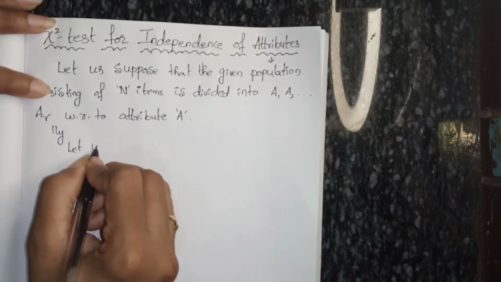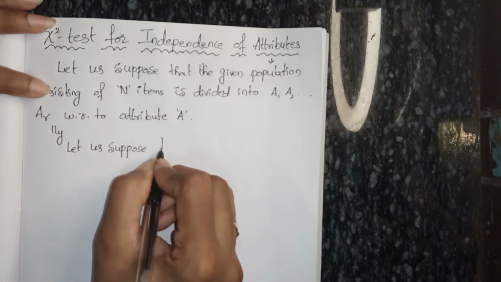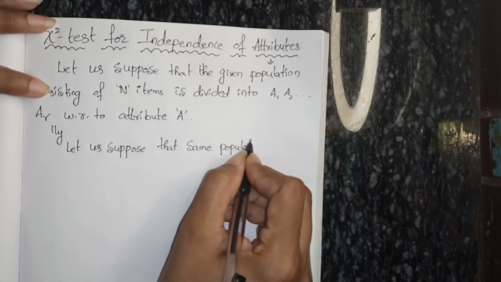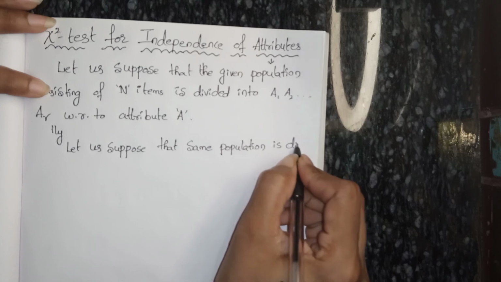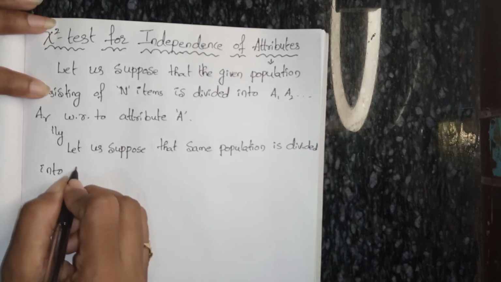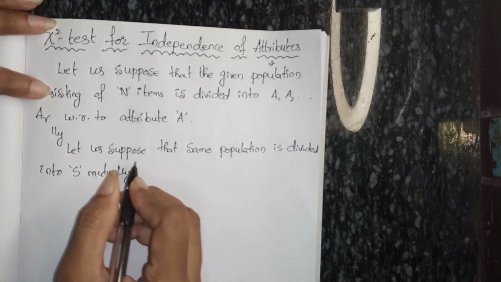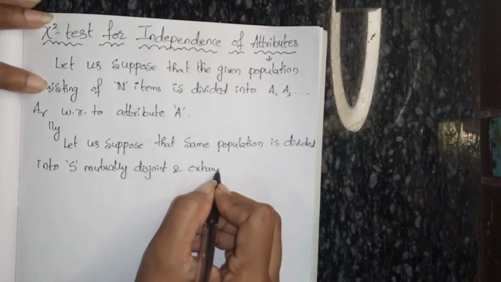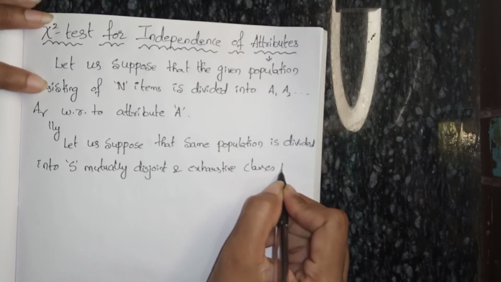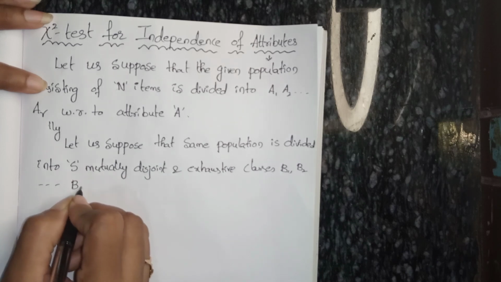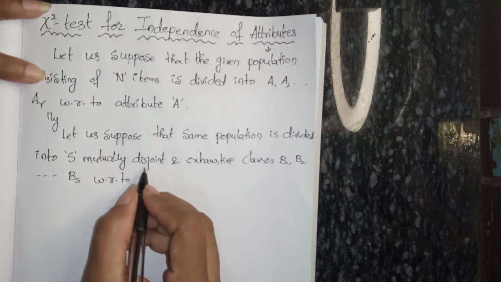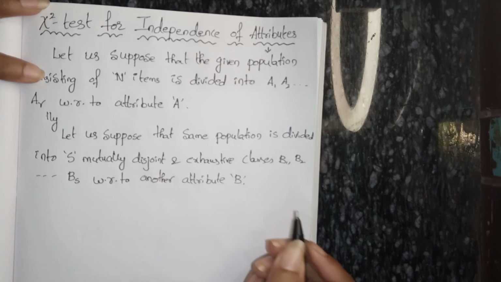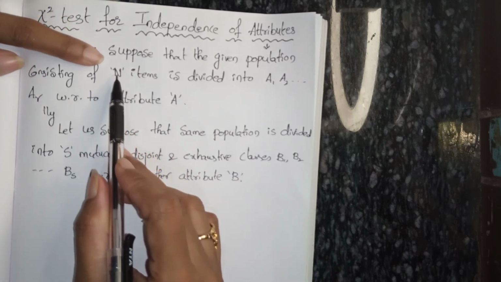Next, similarly, let us suppose that the same population is divided into mutually disjoint and exhaustive classes, B1, B2, and so on, BS, with respect to another attribute B. So there are N points.